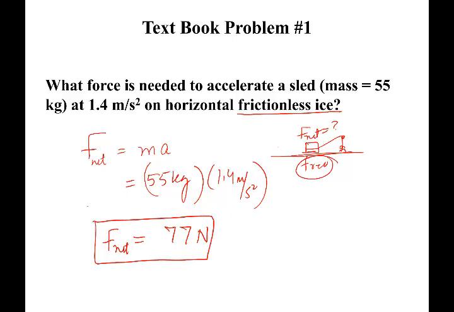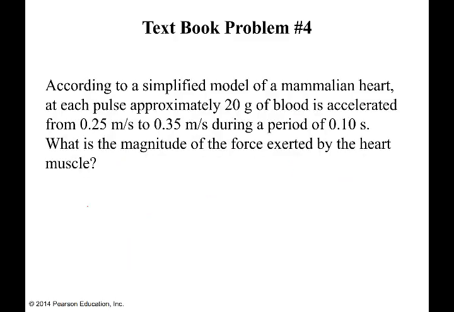Right? So this is how we solve these simple problems. There is one more problem that we could solve, and I have skipped the in-between problems because they're not directly related to Newton's second law.